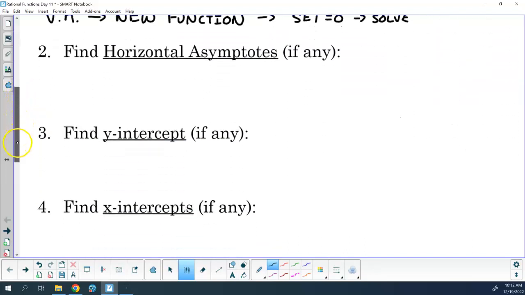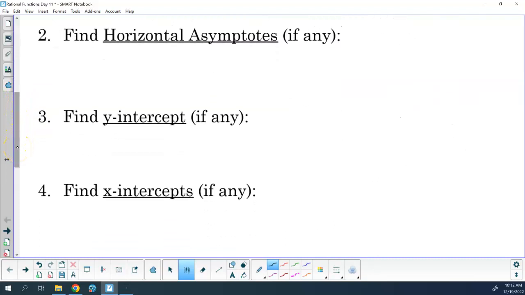Okay. Step 2, horizontal asymptotes. What do we do there? With the degrees. Okay. What are the 3?